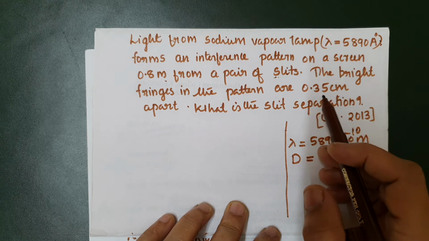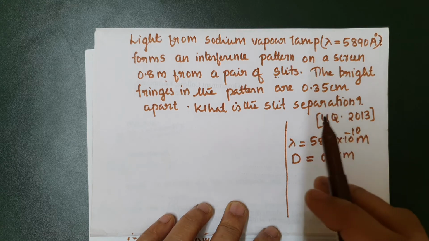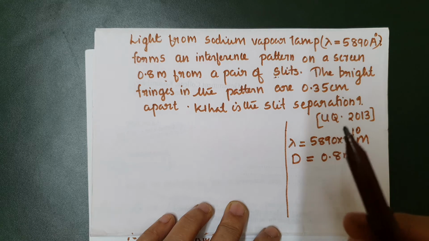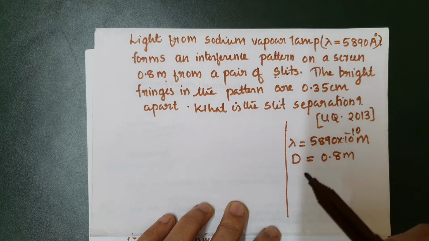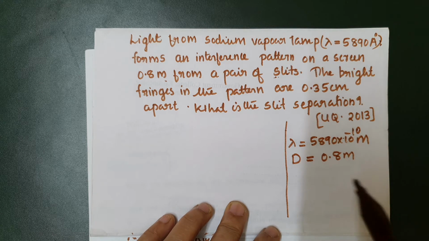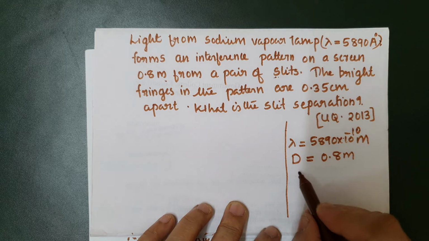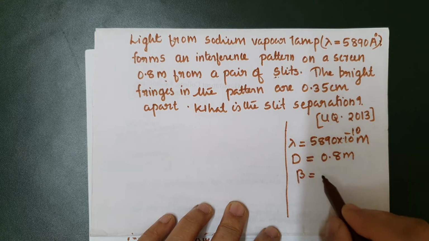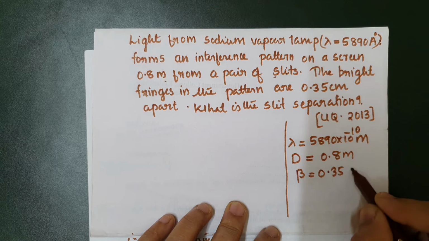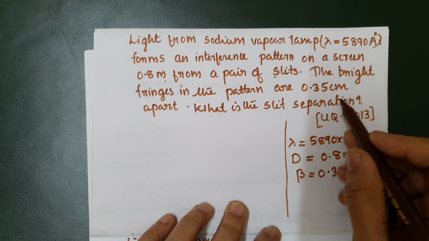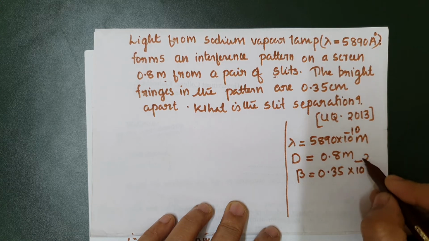The separation between the bright fringes means the bandwidth, beta, which is given as 0.35 centimeter, that is 0.35 into 10 raised to minus 2 meter.